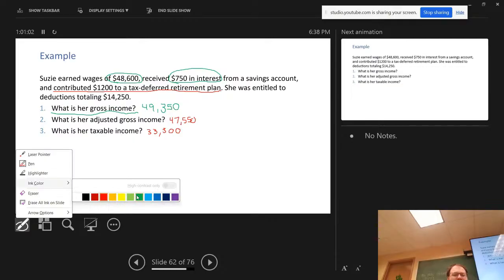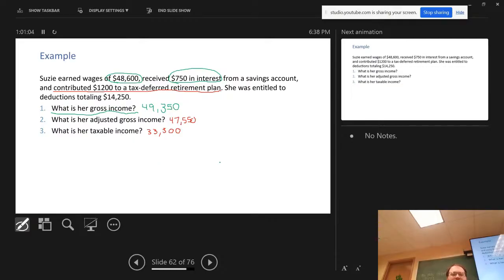This might be a little off topic here, but the tax deferred retirement plan, chances are that is probably an IRA of some kind. There's actually two types of IRAs out there. Traditional IRA, and then there's something called a Roth IRA.